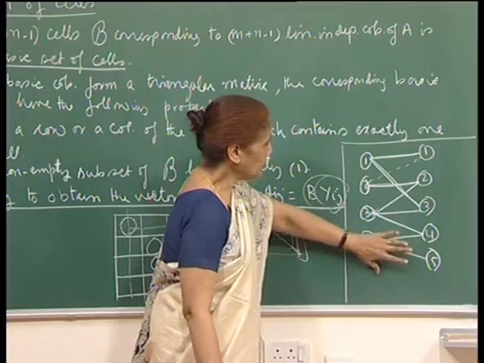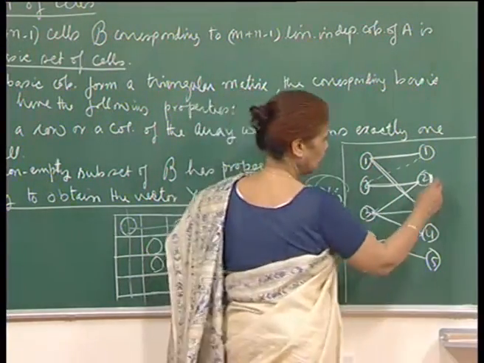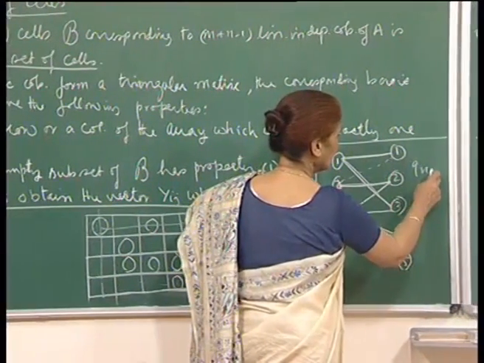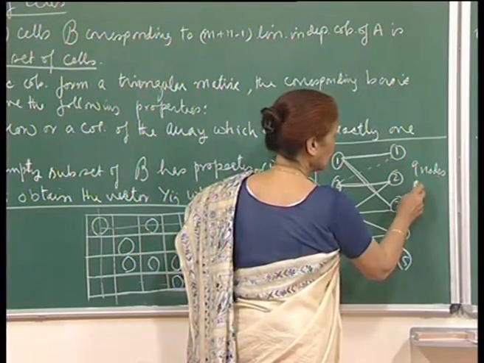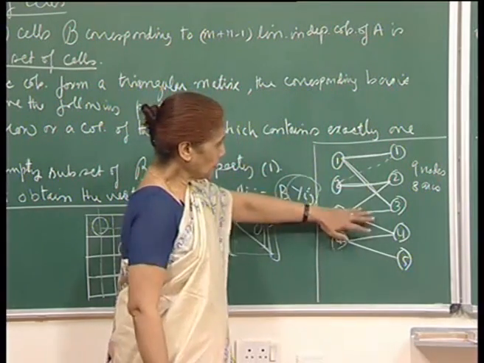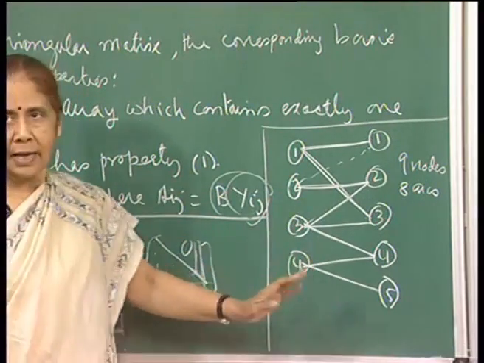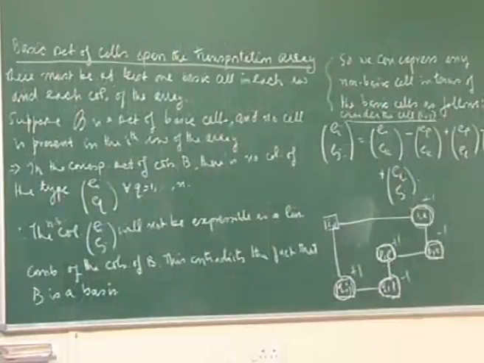So, essentially, this is a graph with m plus n nodes. Here, for example, it is 9 nodes. I am saying that you take 8 arcs and they correspond to your basis, and they will form a spanning tree, and that is why I use the word span there.